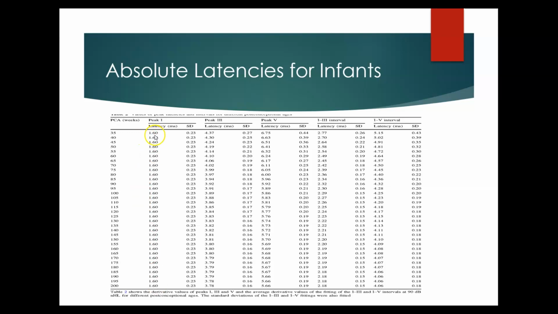So it occurs a little bit later: 1.6, 4.37, and 6.75. A standard deviation before and after that can be up to 1.83 to 1.37 for wave 1. So anything in there would be normal.